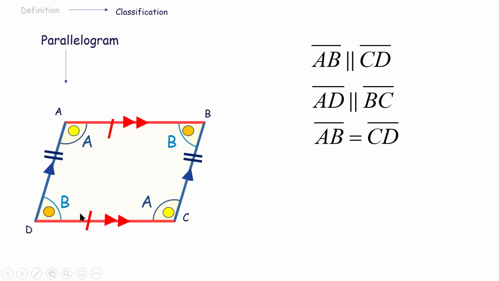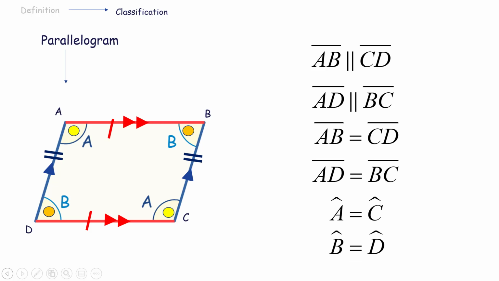We use a small line to show that. Line AD is equal to line BC. We now use 2 small lines to show that. And angle A is equal to angle C, and angle B is equal to angle D. Make sure you understand the notation that is used in the diagram as well as on the side here.